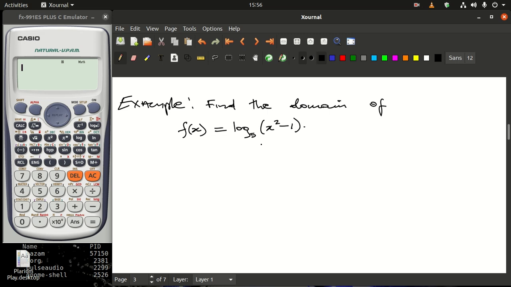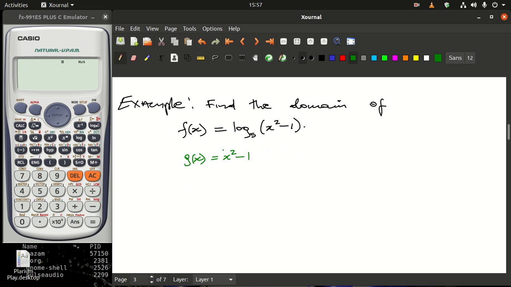So we're just going to analyze it a little bit. Of course, if we were using the standard way of finding a domain, then this question would be easy. But I want us to analyze it in terms of composition functions. Now, if you look at this function, what is basically happening here is I have some function g of x inside the log function. So I have this function, and it is x squared minus 1.